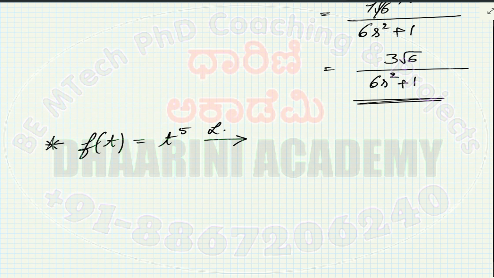It's a Laplace transform. I know that if it is t to the n, and n being a positive integer, the f of s is nothing but n factorial, that is in this case 5 factorial, divided by s to the n plus 1, so s to the 5 plus 1, that is 6. So 5 factorial is 120 by s to the 6, is the answer.